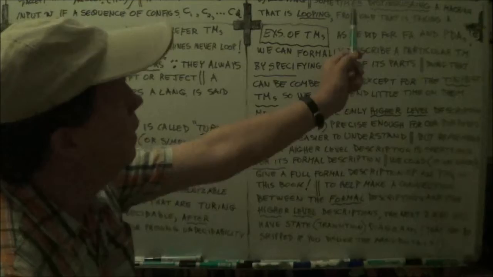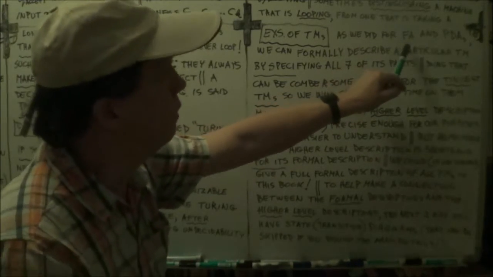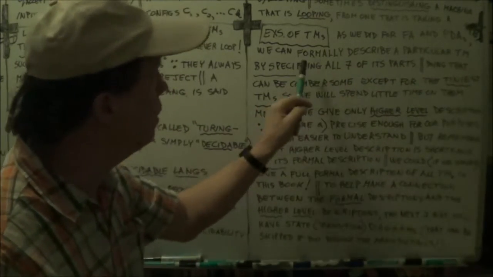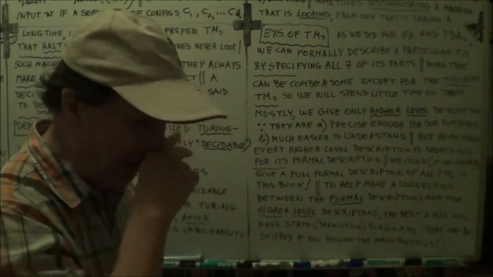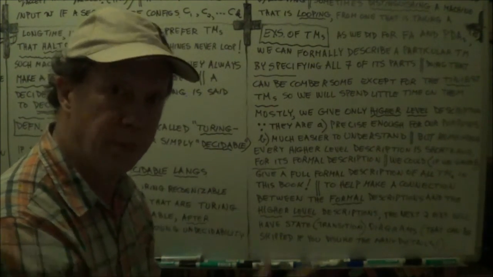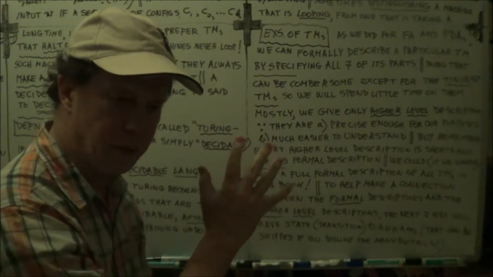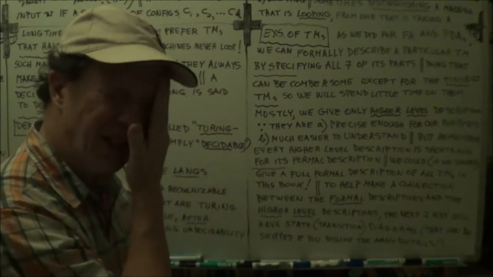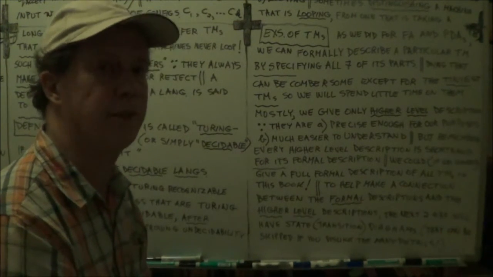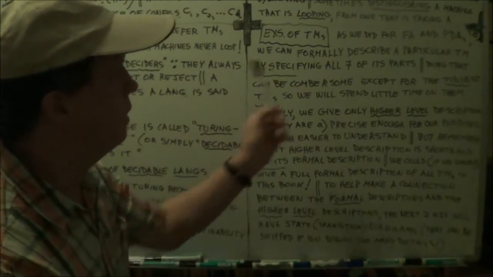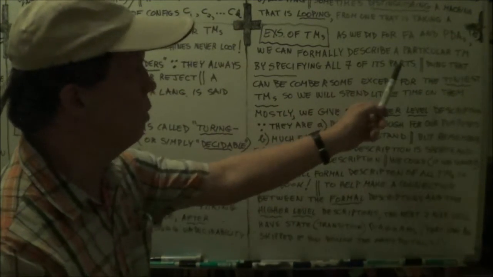Now we did it before with finite automata and PDAs, you could give a formal description, right? You write out in detail the k-tuple, for finite automata a 5-tuple, for PDAs a 6-tuple, and now for Turing machines a 7-tuple. And you write out in detail a description of all its parts.